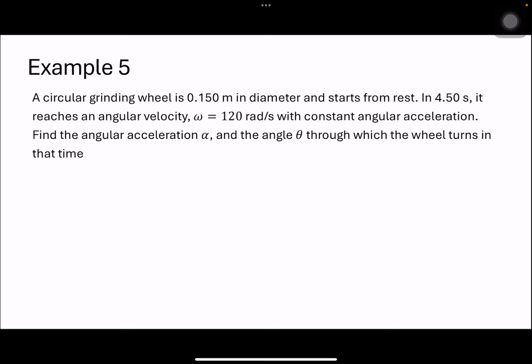So we're given the diameter 0.15 meters. You're also given the time 4.5 seconds and the angular velocity of 120 radians per second.